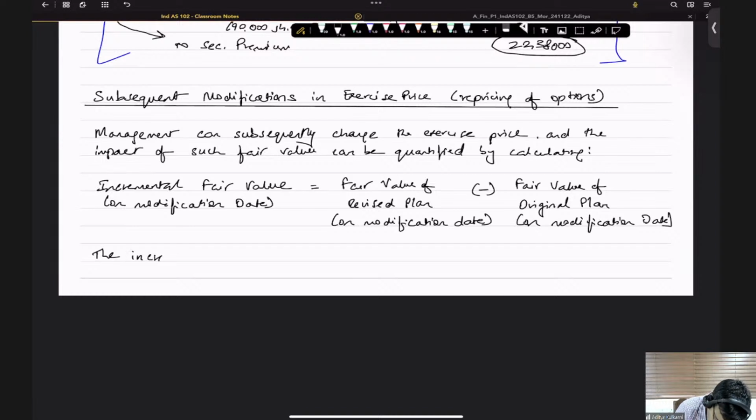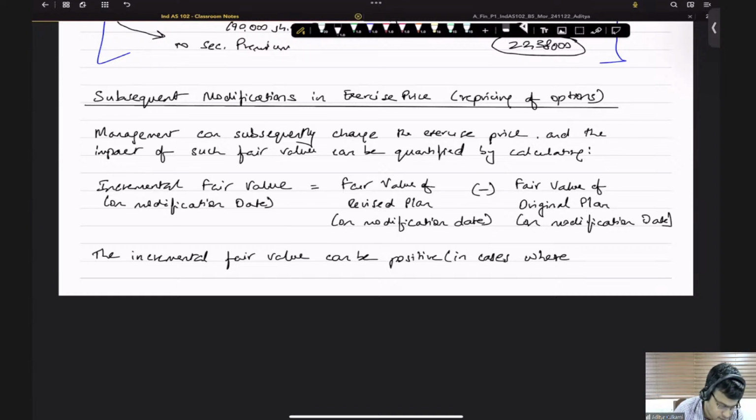The incremental fair value can be positive in cases where the modification is beneficial to the employees.